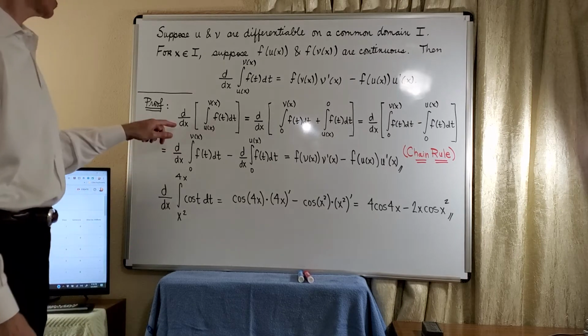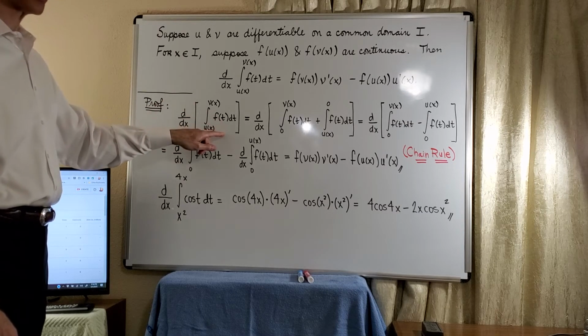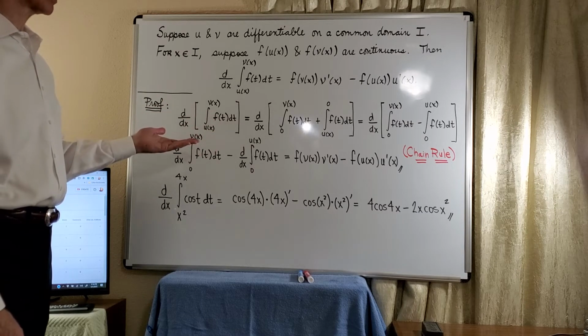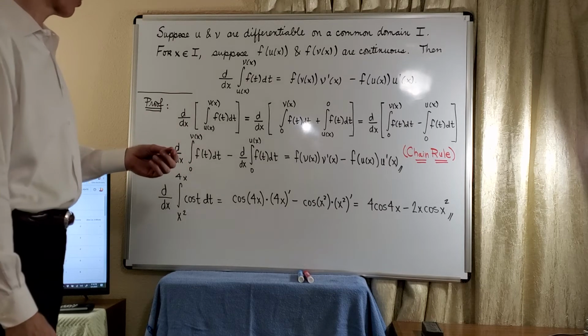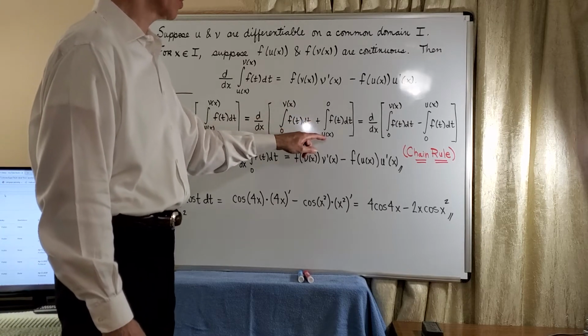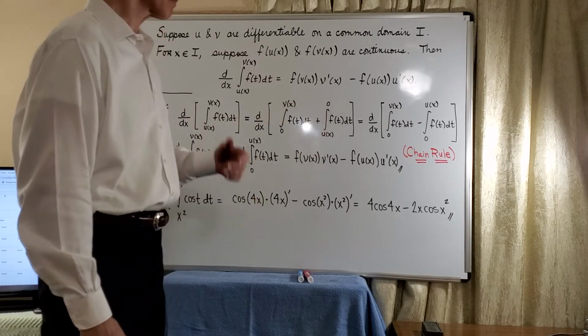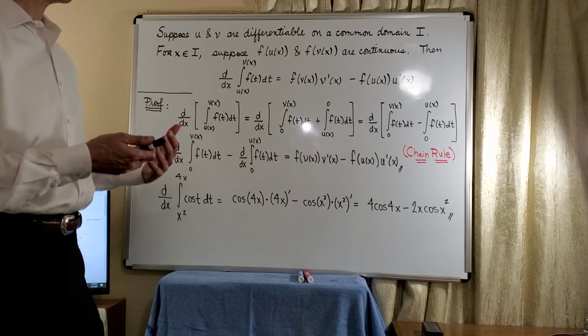So for instance, when we take the x derivative of this function of x, first what we're going to do is use additivity. We'll just take 0 again. So we'll integrate f from 0 to v of x plus the integral u of x to 0. Now again, what we want to do is rig this for the fundamental theorem.